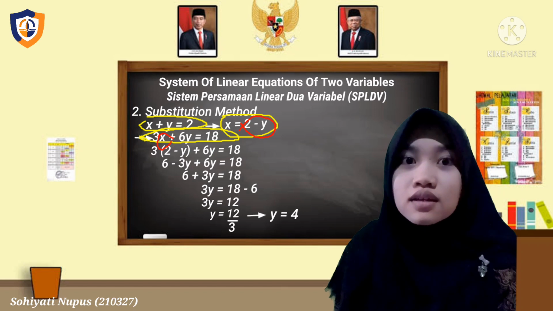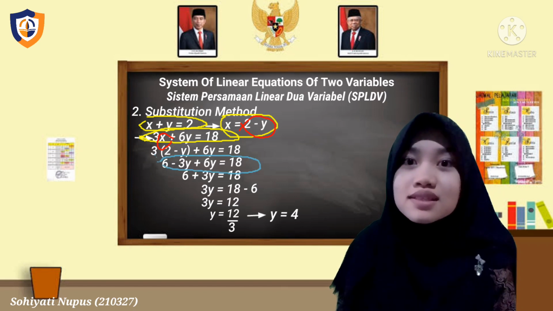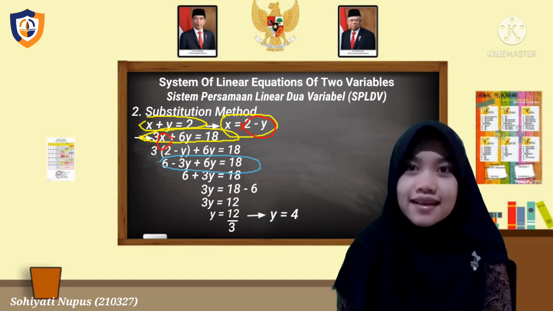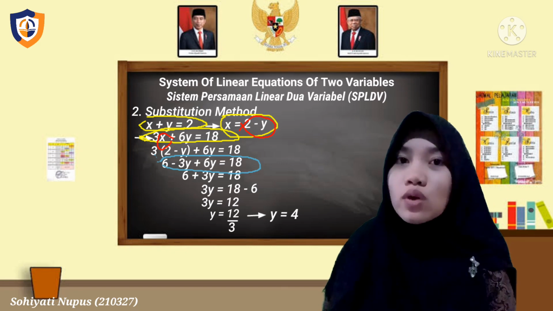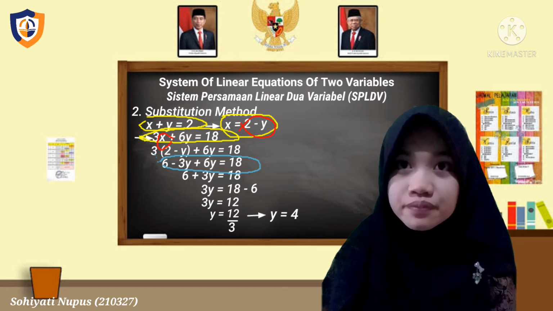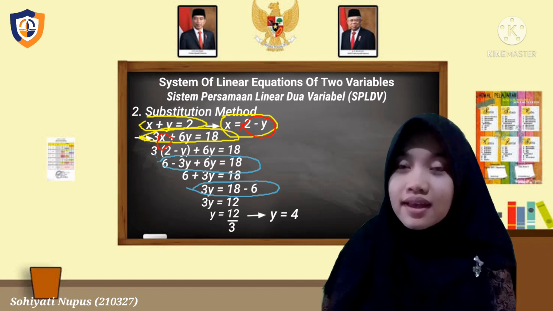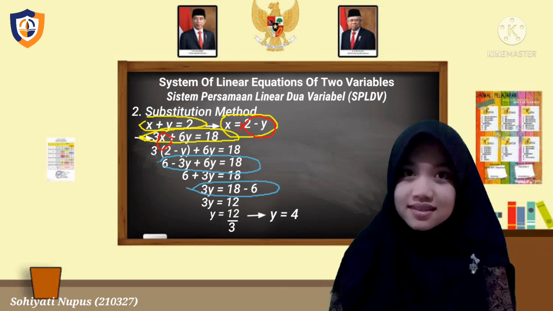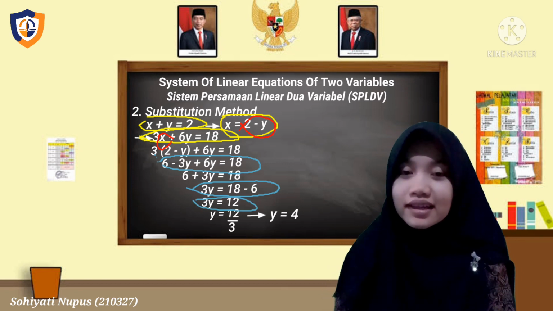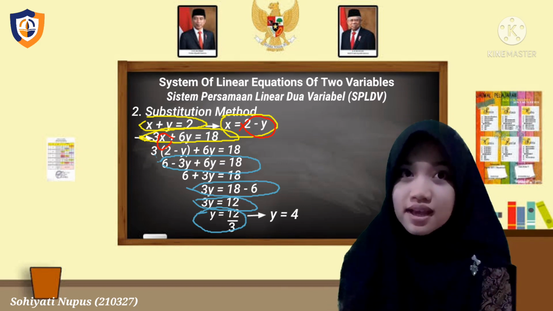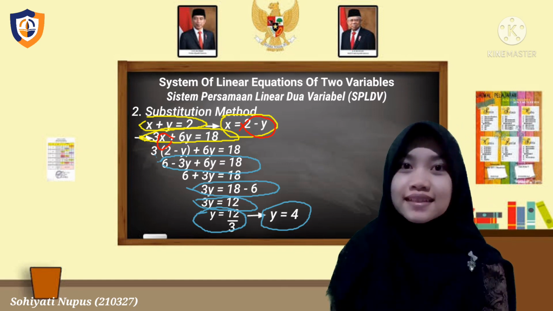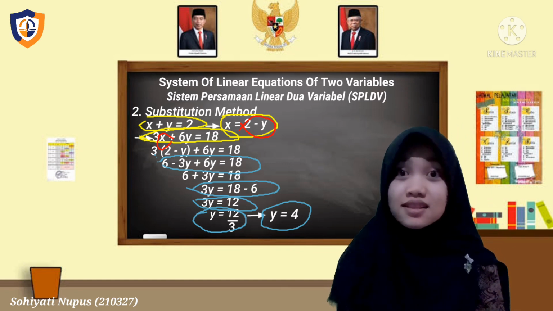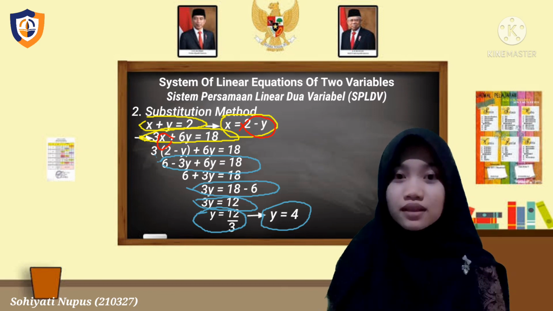So we get 6 minus 3y plus 6y equals 18. So we get 6 plus 3y equals 18. 3y equals 18 minus 6. 3y equals 12. y equals 12 divided by 3, resulting in y equals 4. This result is the same as using the elimination method.